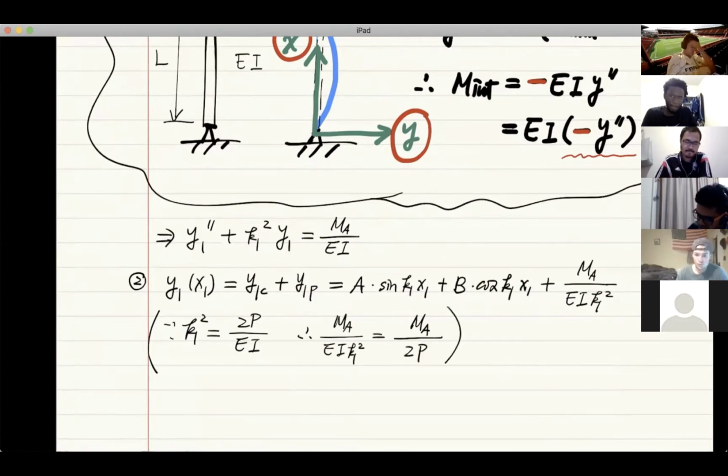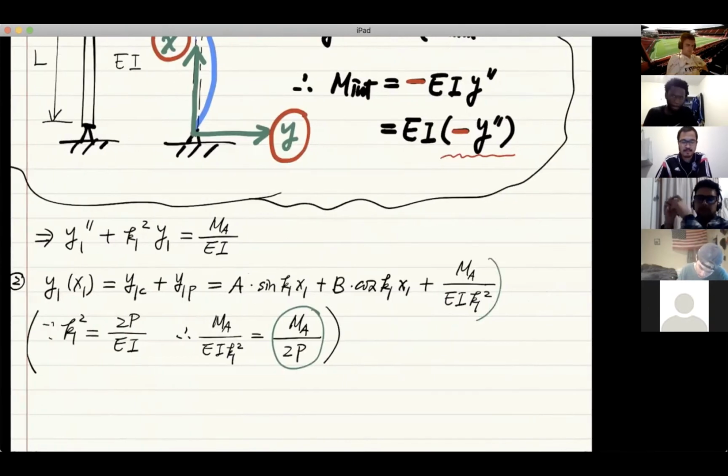You may notice that in some of the examples I did before, I used the other expression, but mathematically these two are identical. They are the same thing.